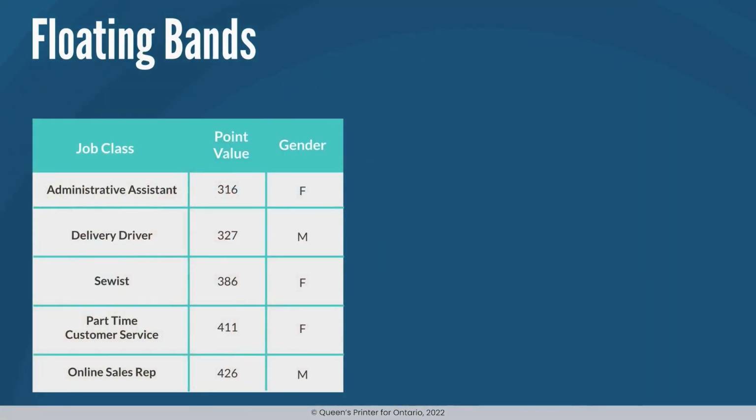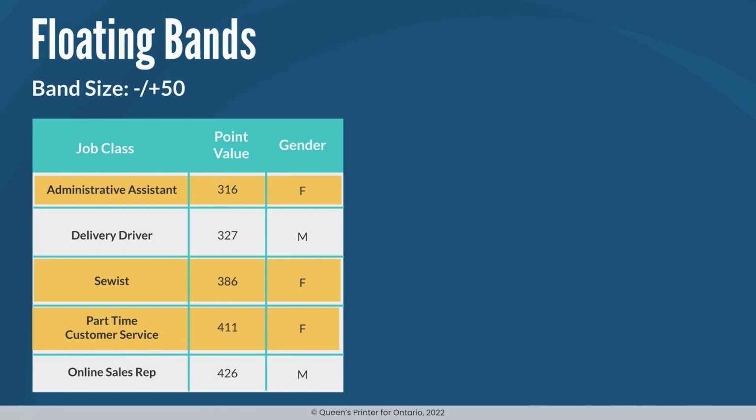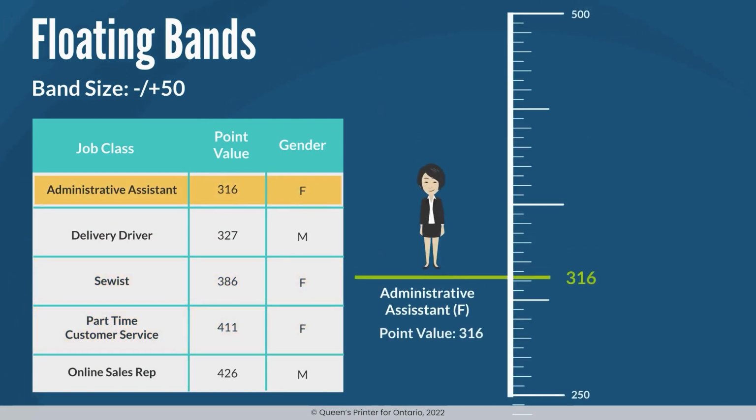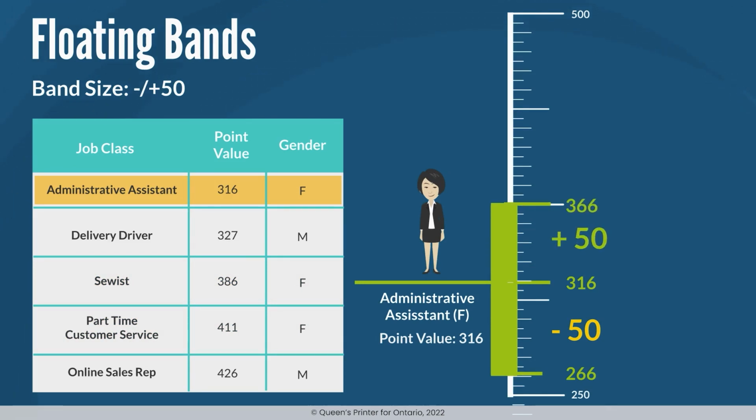We still set a constant bandwidth, such as 50 points, but the range is measured against the point value of each female job class. For example, since the administrative assistant job class point value is 316, the floating band would be 316 minus 50 to equal 266, to 316 plus 50 to equal 366.